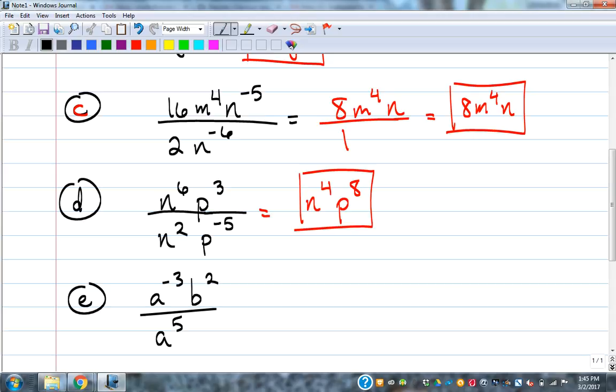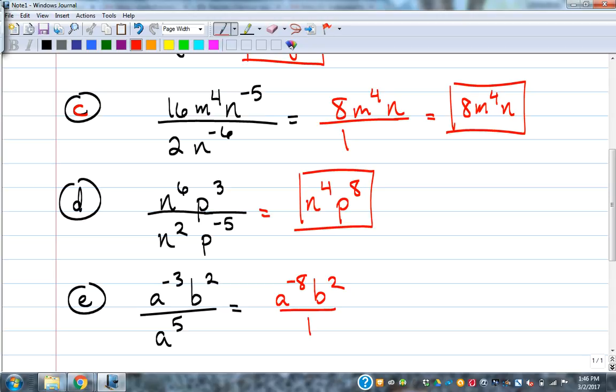Subtract. So we've got negative 3 minus 5, which would be negative 8. And the way that I do these, that always goes to the numerator. The b squared, what happens with it? Same. Nothing changes about it. So it stays up there. Technically, what's in the denominator? A 1. Technically, that's there.